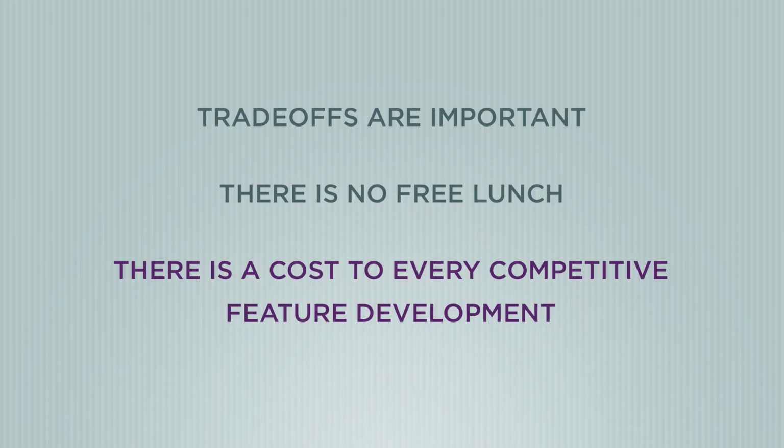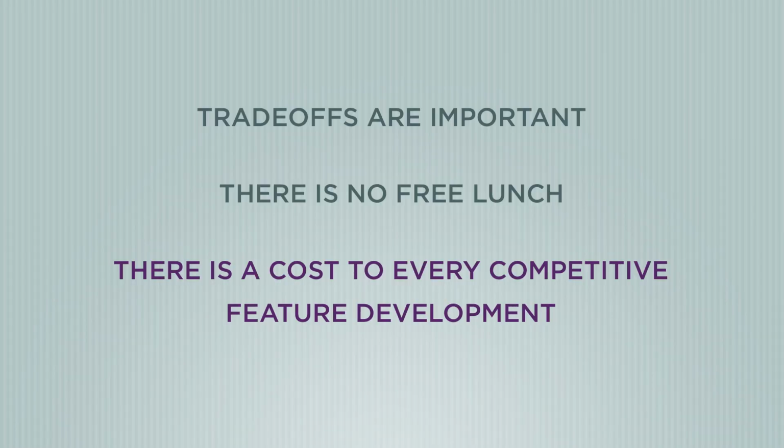Obviously, you want to get everything in the product, and great companies facilitate great engineering teams to achieve that. But for the thinking process, be aware that there is no free lunch. You can't get anything for free. In product development, there is always a cost attached to what you are asking the product to perform.